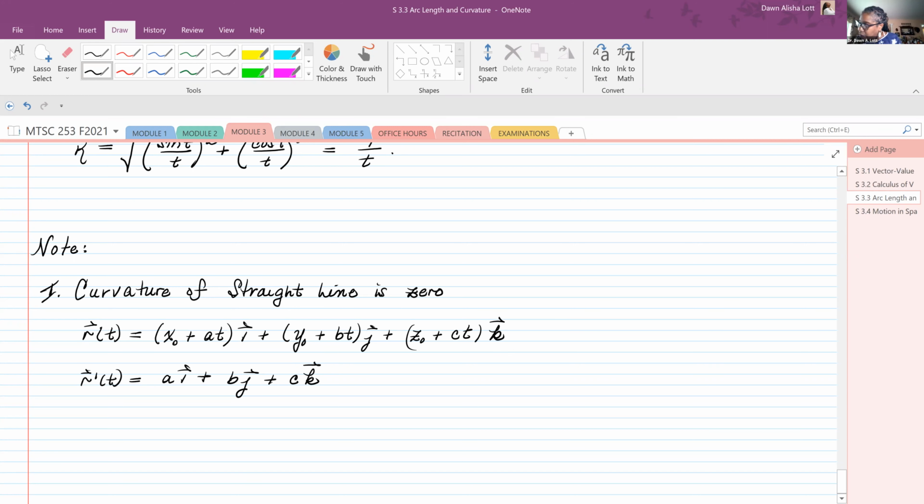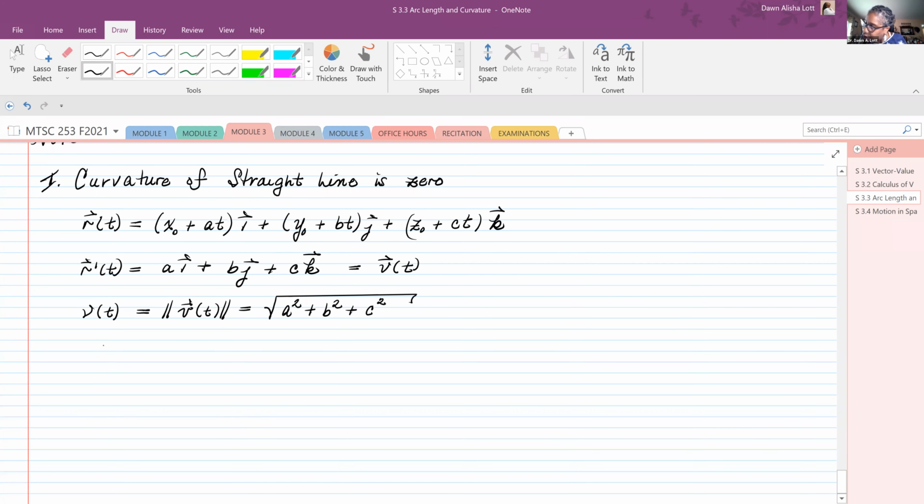And so therefore its length, remember, is v of t. So nu of t, equal to the length of v of t, is going to be the square root of a squared plus b squared plus c squared. Okay, so that's good.